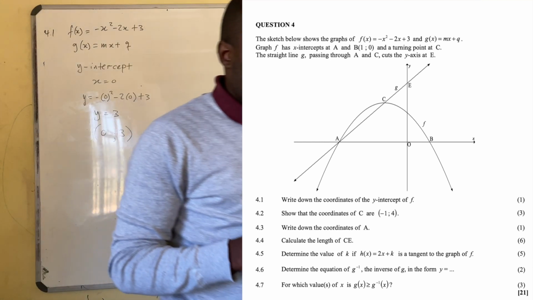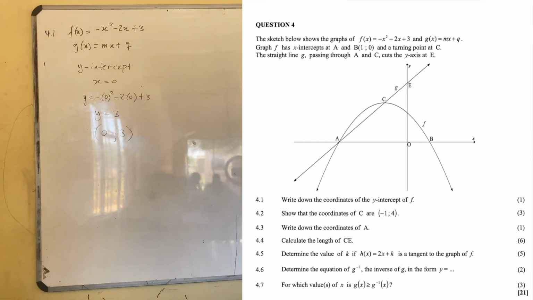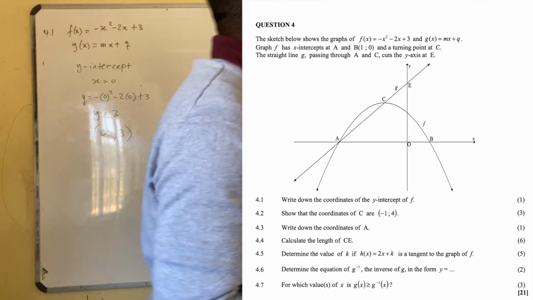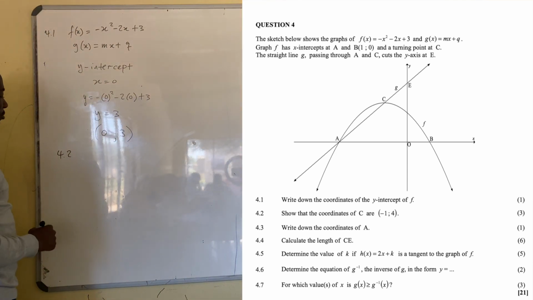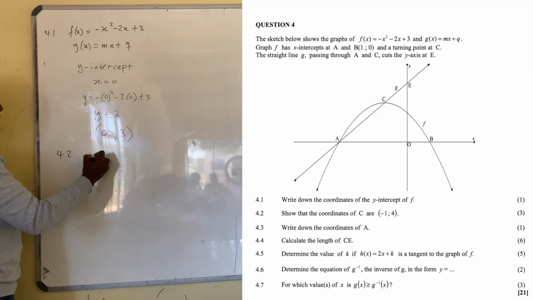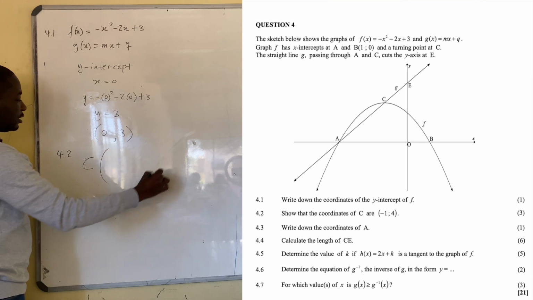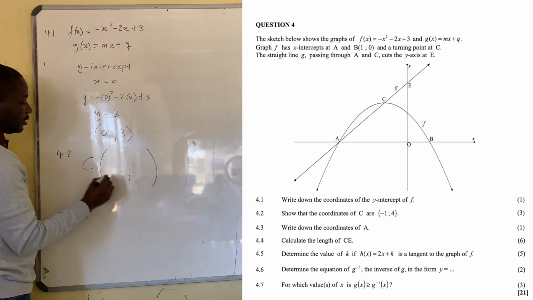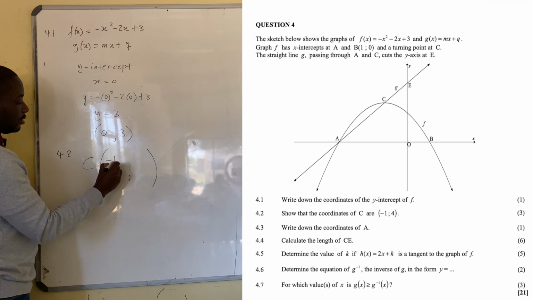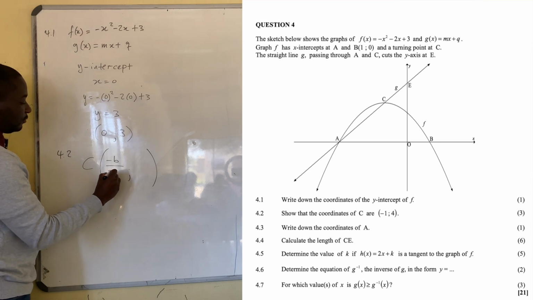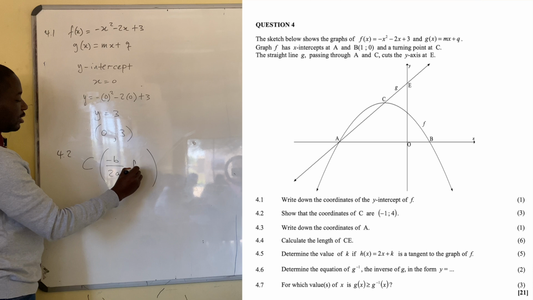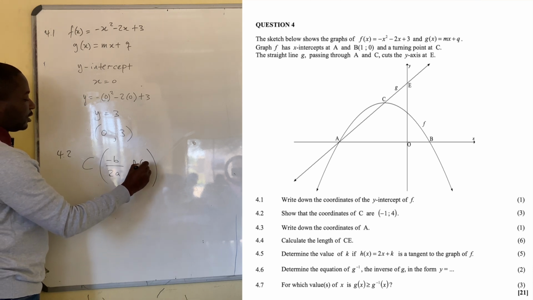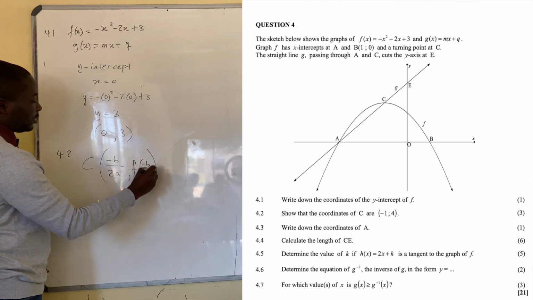Now, 4.2, show that the coordinates of C are negative 1, 4. We know what C is, right? Turning point. And we know, in general, the coordinates of the turning point, we put it as negative b over 2a. And then the y coordinate is f of negative b over 2a.